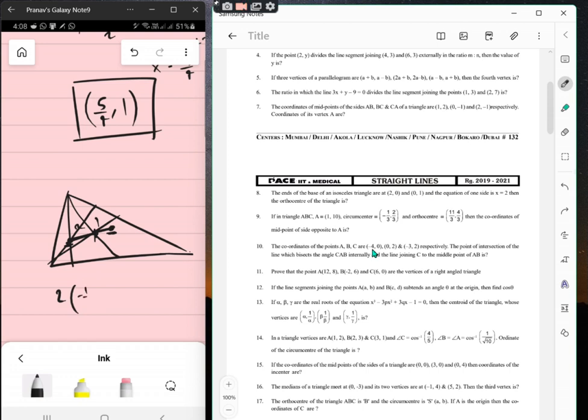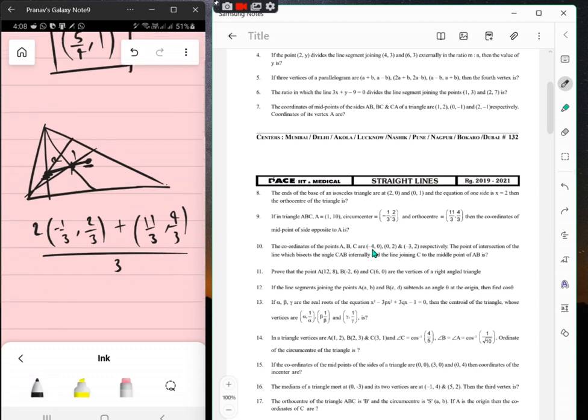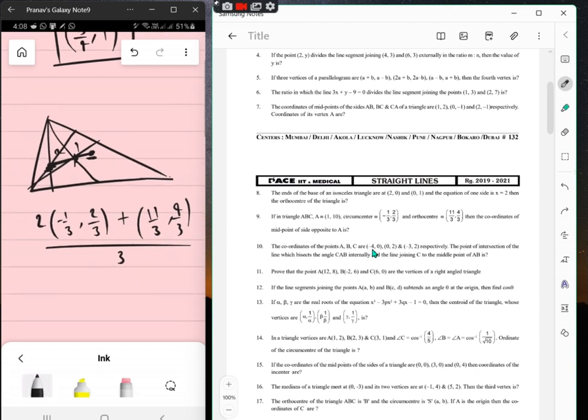Circumcenter is (-1/3, 2/3). Plus 1 times the orthocenter, which is (11/3, 4/3), and that upon 3. Wait, is this for real? It's 11/3 and 4/3. Yes, that's how it is. So 11/3 minus 2/3 is 9/3.